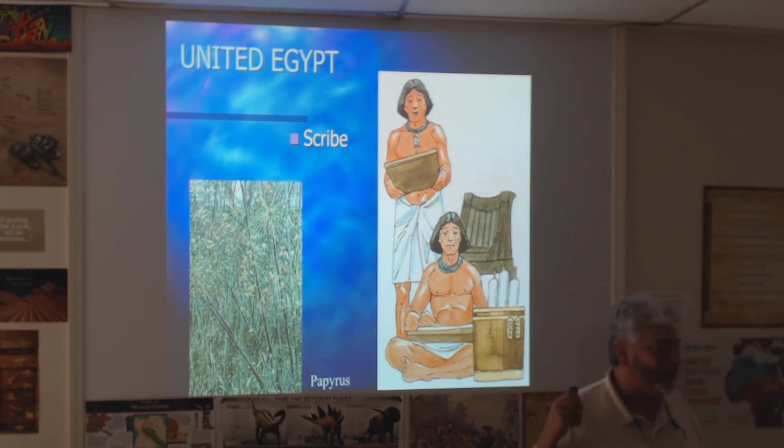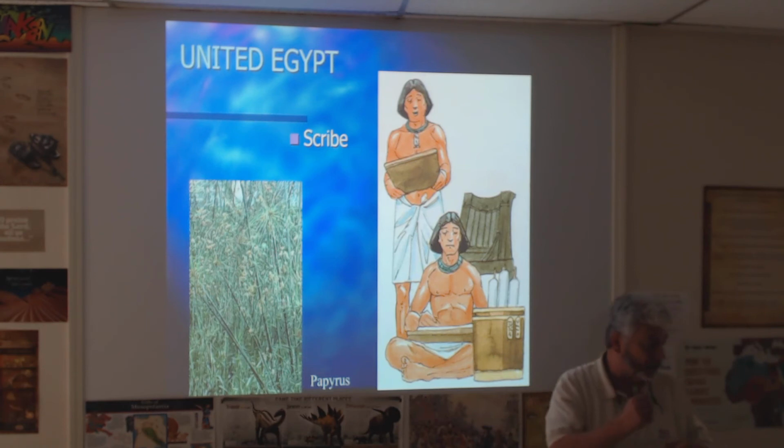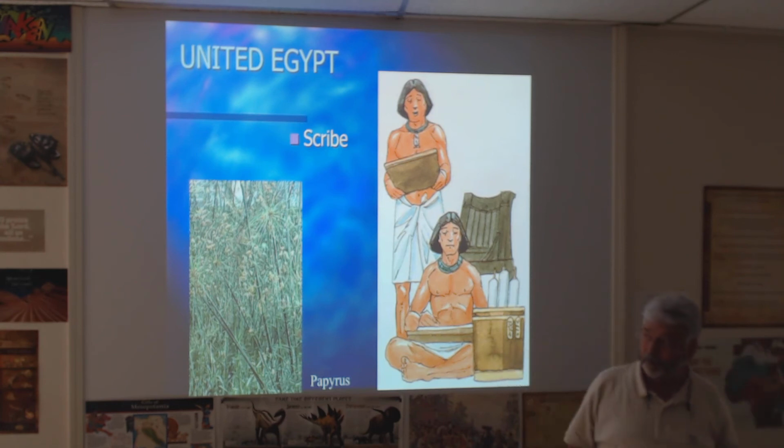A scribe is someone who does what? Writes. He's the guy that writes on the paper. That's a scribe. So they developed a way to make paper out of the plant papyrus. Unlike the Sumerians, who had to use clay and a wedge-shaped instrument, making cuneiform, the Egyptians were able to develop paper and write with ink on it.